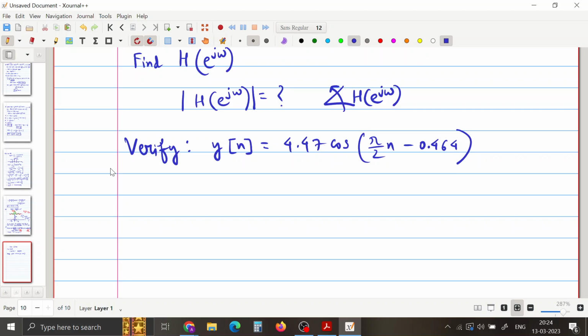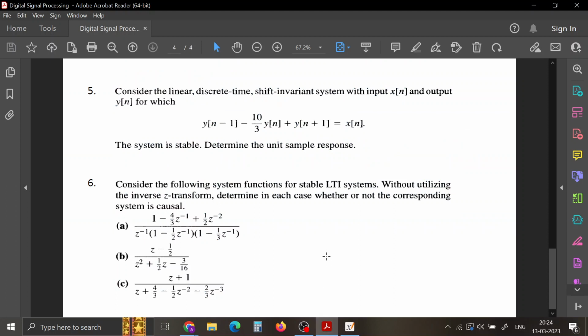Then use some results because in the fifth question, it has been given that the system is stable, and whenever the system is stable, that implies that the impulse response h[n] is absolutely summable, the summation from n equal to minus infinity to infinity of |h[n]|. That is one condition actually used in the sixth question.